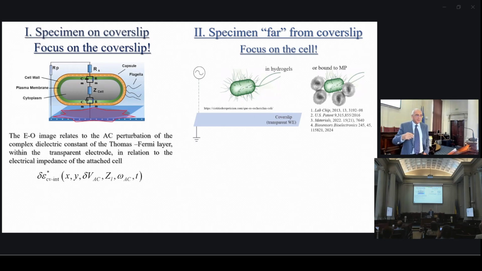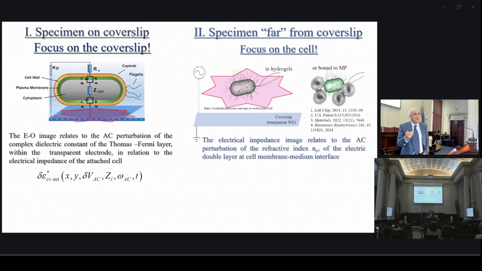But when the specimen is above the cover slip, what we actually measure is the cell. It is the cell which provides the information that we want. We can do it by entrapping the cell in a hydrogel or by using magnetic particles.